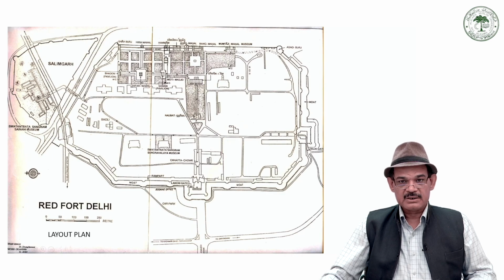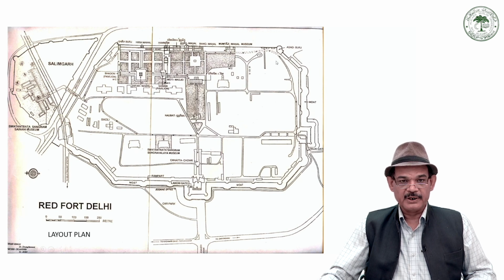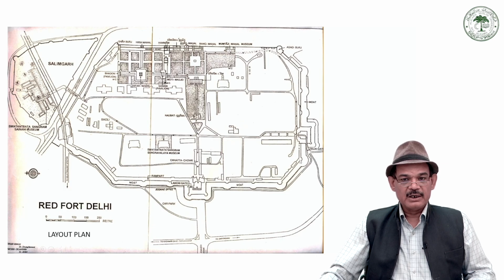And so far as this Red Fort is concerned, it has long parallel sides, that is the east and west sides. Their length is almost 915 meters, while its width is 518 meters.